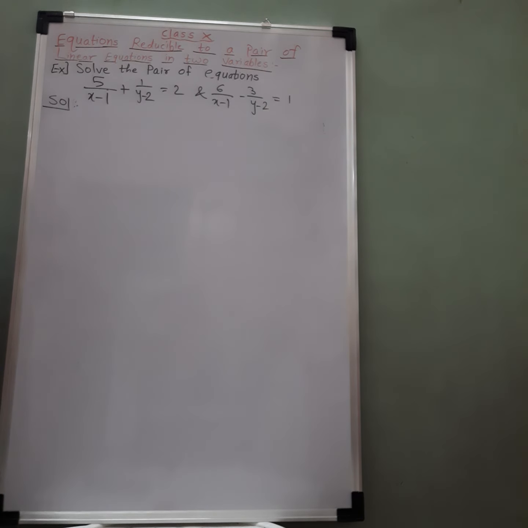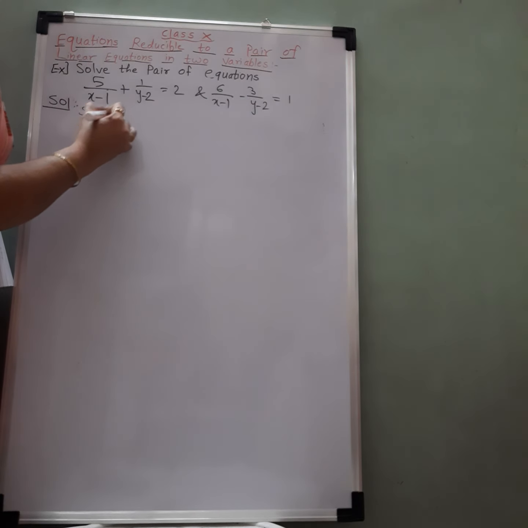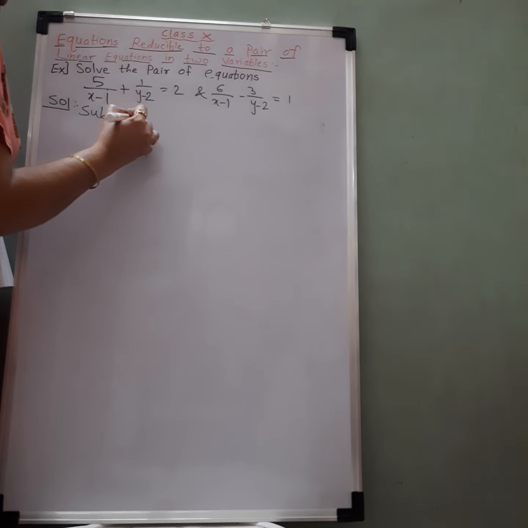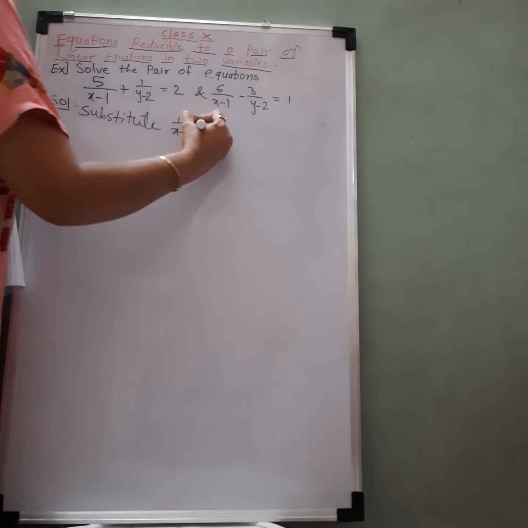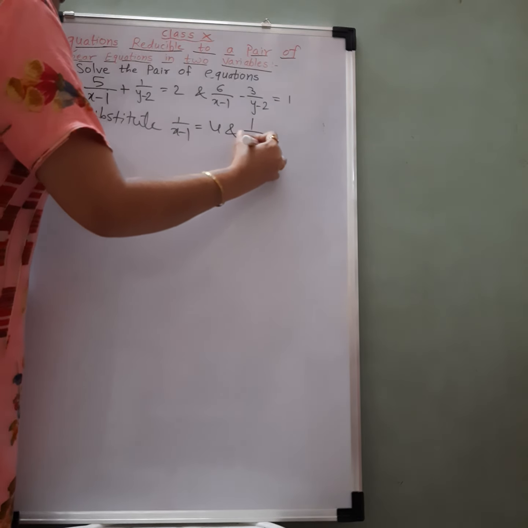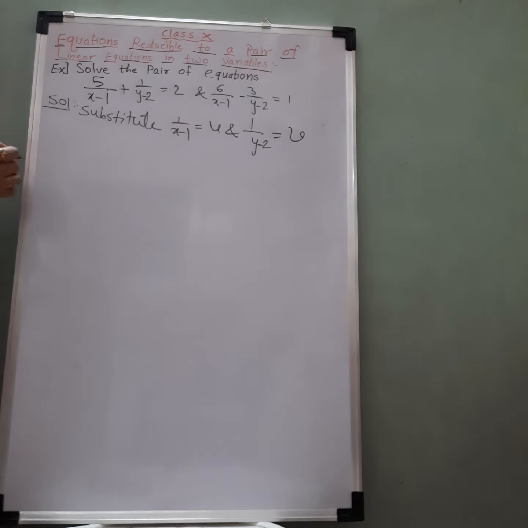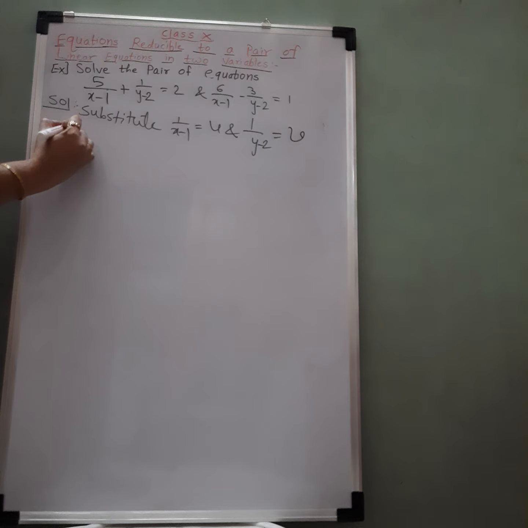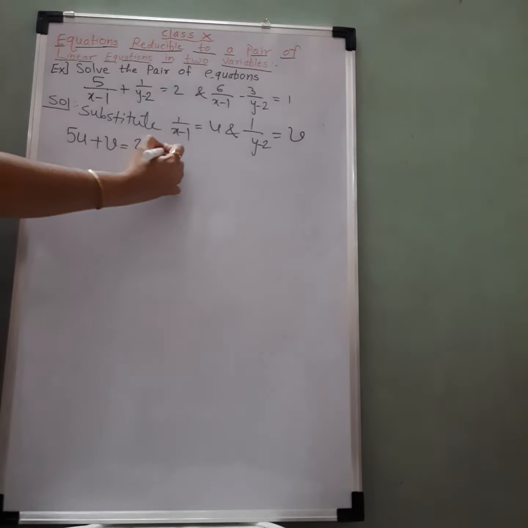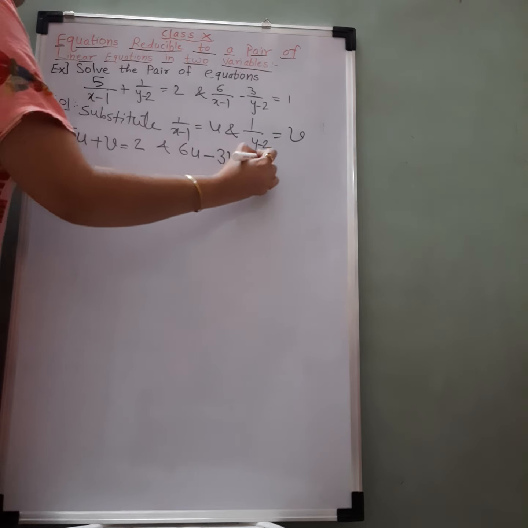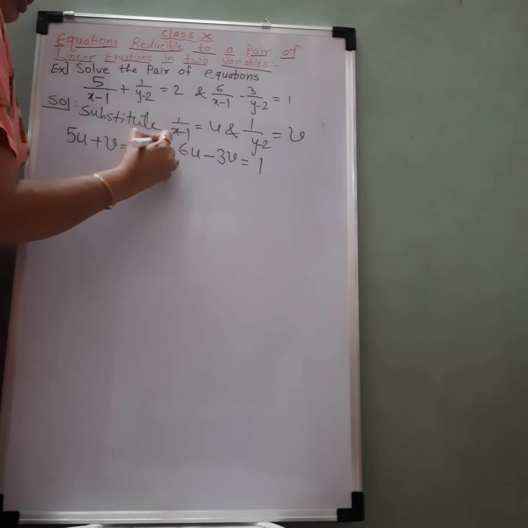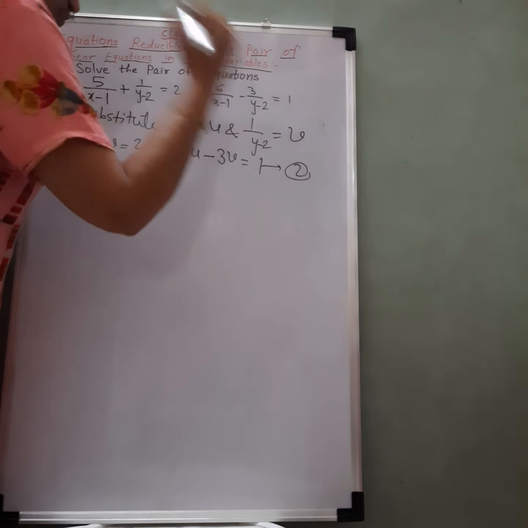So here our first step is to substitute 1 upon x minus 1 equal to u and 1 upon y minus 2 is equal to v. So the above equations become 5u plus v is equal to 2 and 6u minus 3v is equal to 1. Give this number 1 and give this number 2.